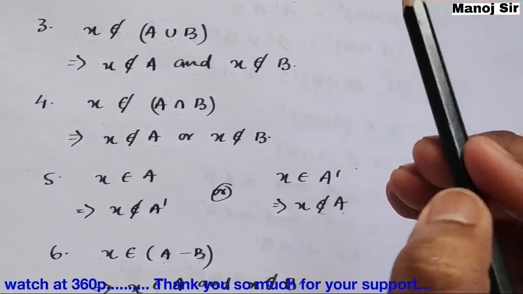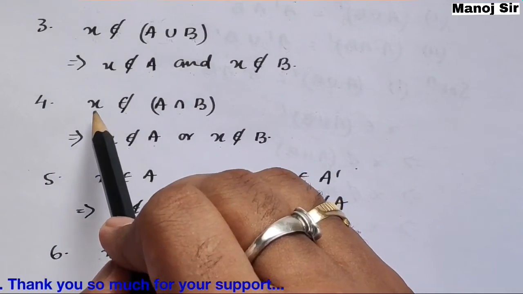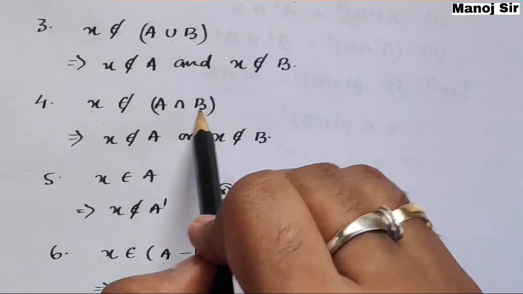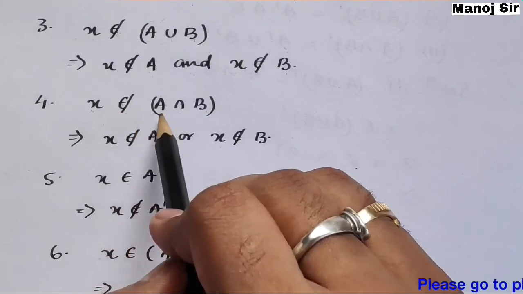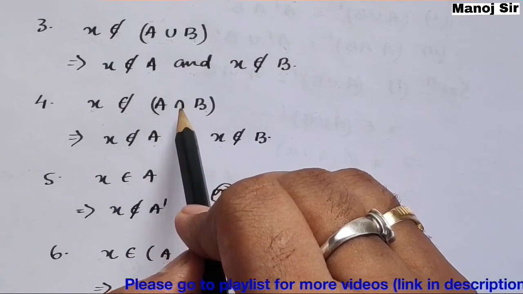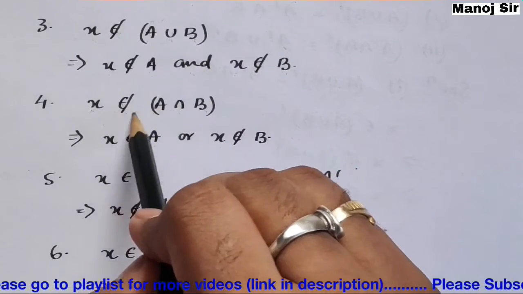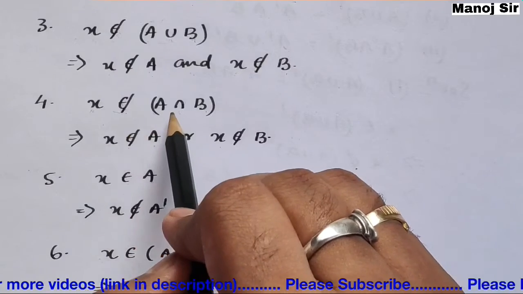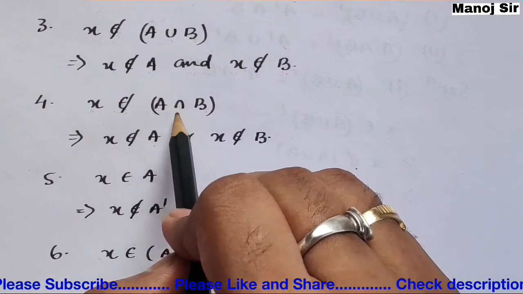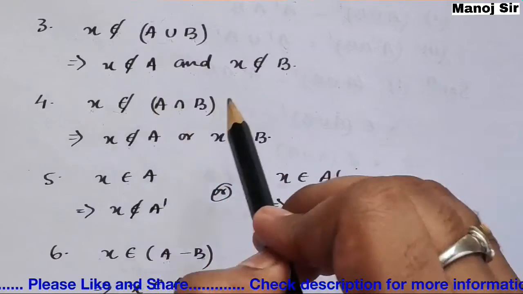In the same way, if it is written x does not belong to A intersection B, intersection means we need to use the conjunction and, but since it is does not belong to, the conjunction used in this intersection will be or.